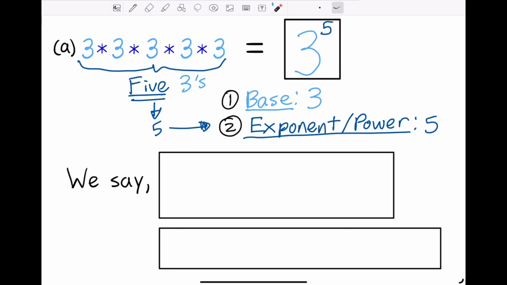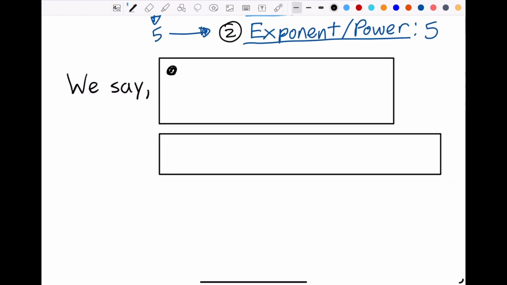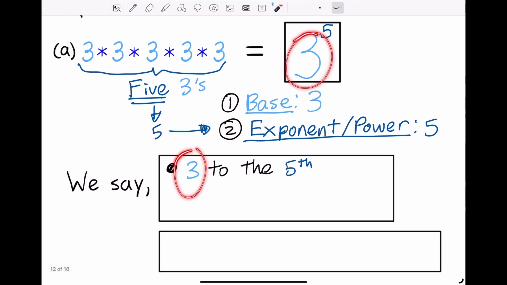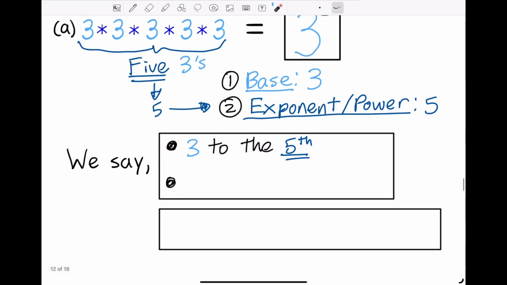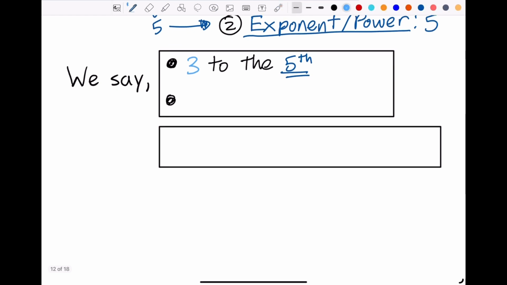Let's go over the different ways we could say this exponential expression. The first way, and probably the most common, is they say 3 to the 5th. So first, they say the base, which is 3, and then they say the exponent, which is 5. Another common way, which is a longer way of saying the first way, is 3 to the 5th power.